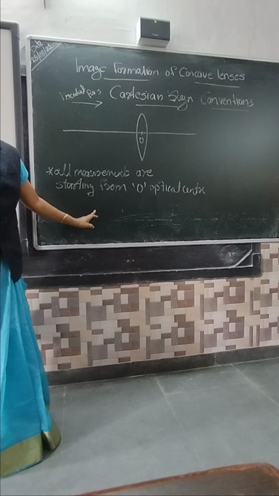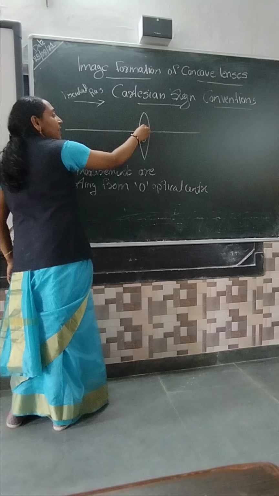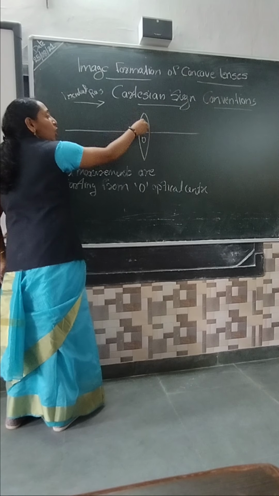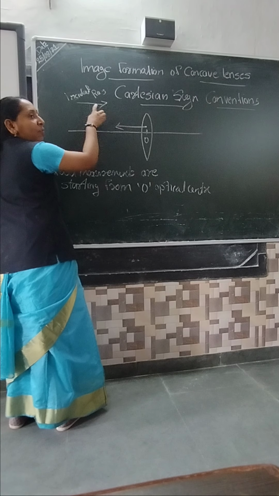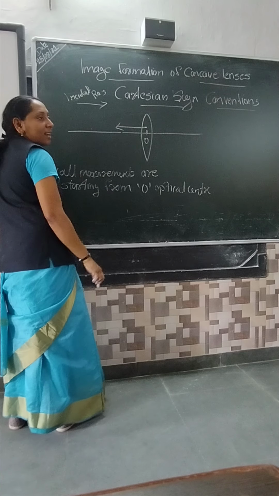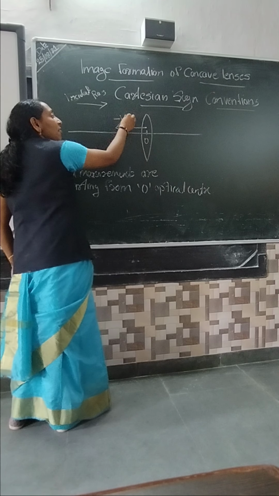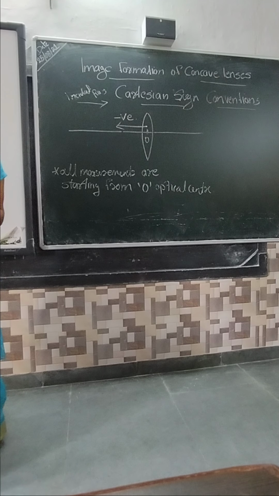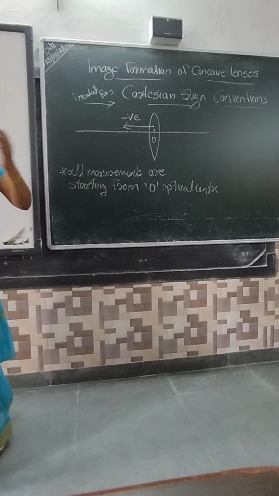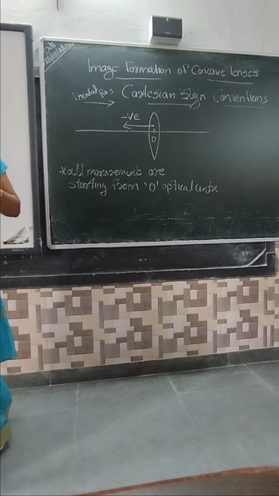This much clear? Then I am just taking a measurement from O in this direction. This direction is opposite to the direction of incident ray. That's the reason it is negative. Clear everyone? All the measurements start from optical center. If the measurement is opposite to the direction of incident ray, the sign is negative.